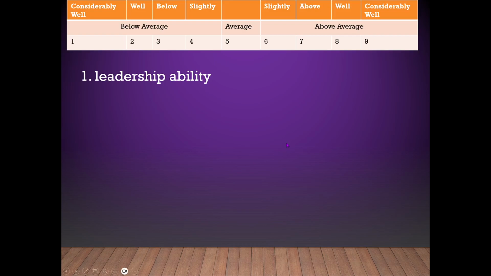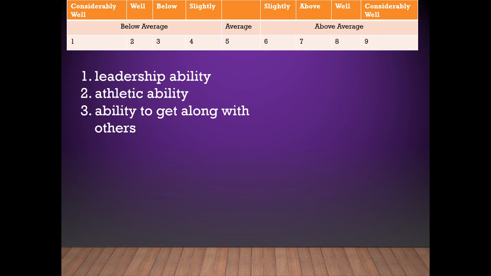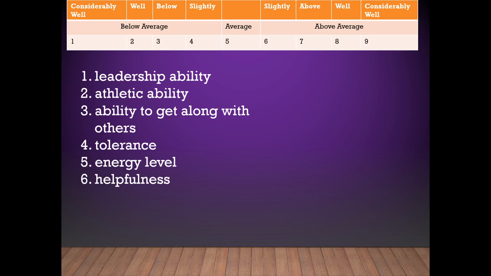So, rate yourself for leadership ability, rate your athletic ability compared to other people of your same age and sex, your ability to get along with others, your tolerance. This is a good time for me to mention these questions are eye of the beholder questions. So, whatever you mean by tolerance is what you're doing. Number 5 is energy level. Number 6 is helpfulness.